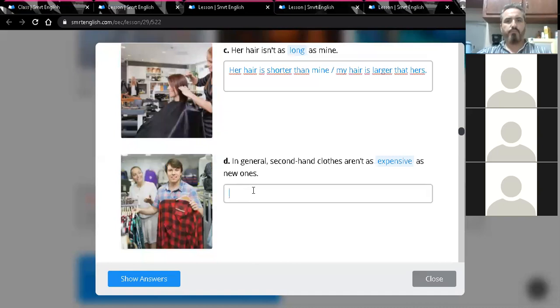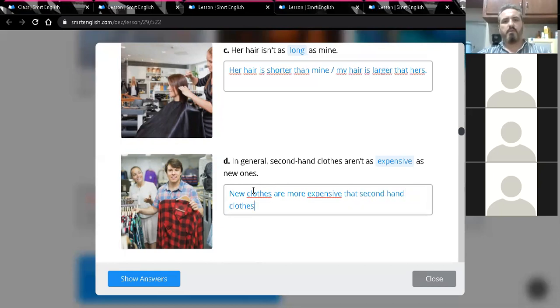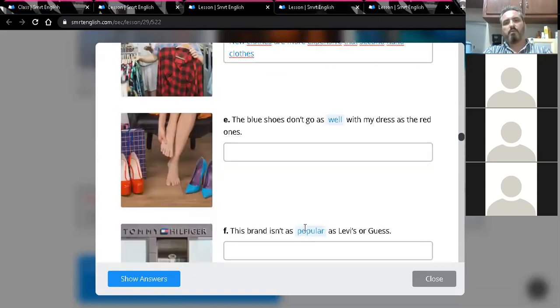So we can start with new clothes. What happened with new clothes? New clothes are more expensive than what? Than secondhand. Very good. Or what is the opposite of expensive? Secondhand clothes are cheaper than new clothes. Than new ones. Very good. Excellent.